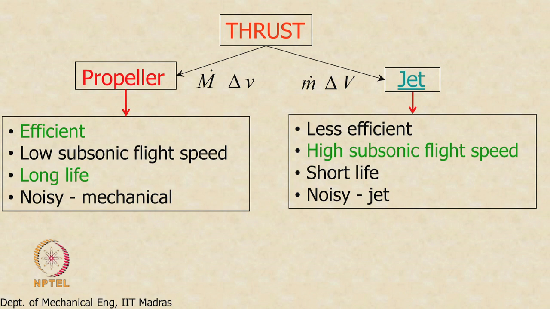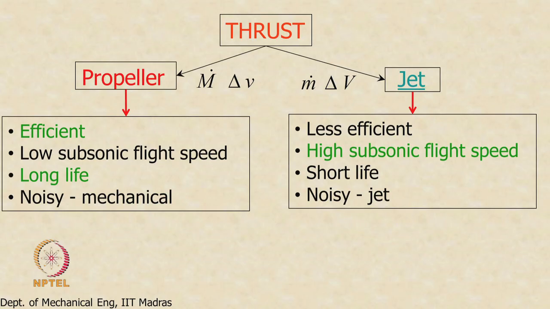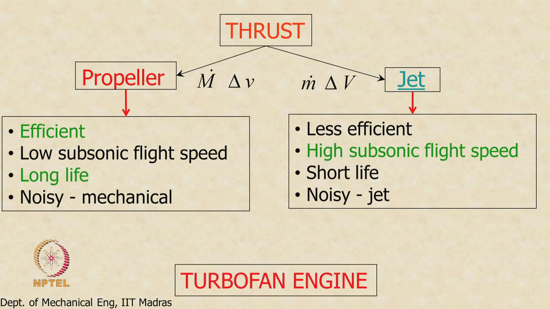Today, for commercial aviation to be profitable, we need to have extremely high fuel efficiencies, and that drove the next generation of engines to be developed. What is the next generation of engines? This was what I showed you in the previous slide, that is the turbofan engine, which is the modern aircraft engine that is being used in the industry today. That is what you also saw in the previous picture.